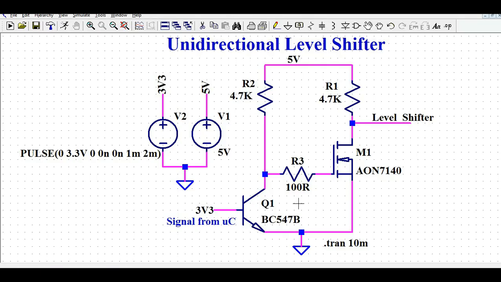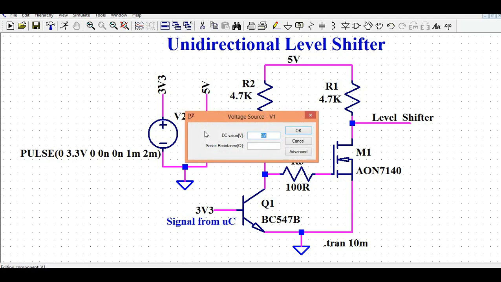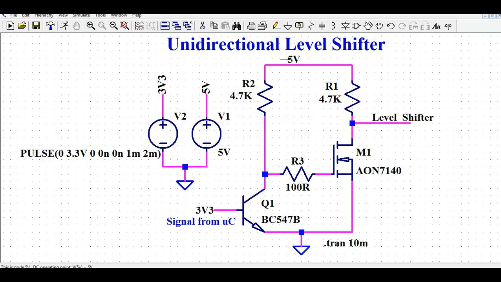I'm taking the output from this point, which is the drain of your N channel MOSFET M1. And here I'm giving the 5 volt supply. So I have generated the DC 5 volt supply here. If I right click, you can clearly see it is a 5 volt supply, and it is connected via a net.